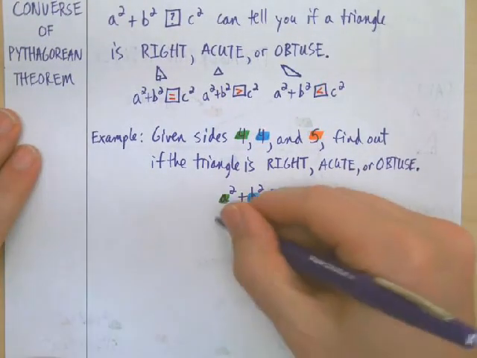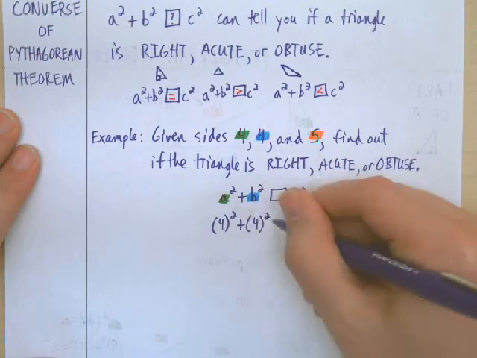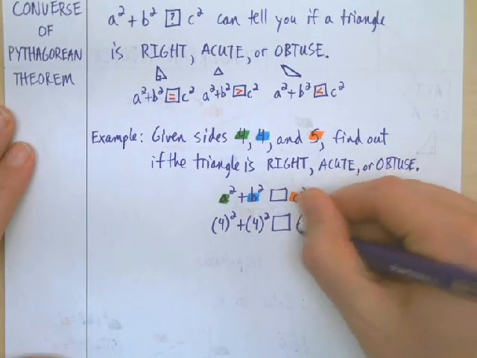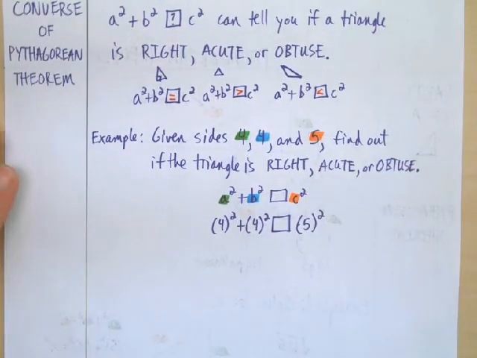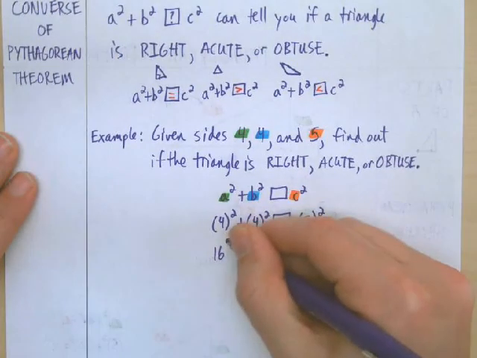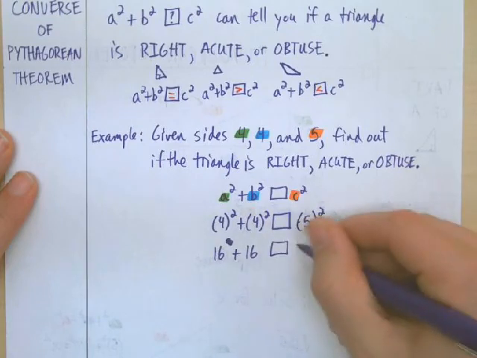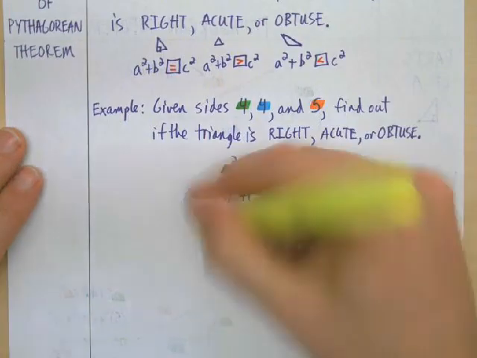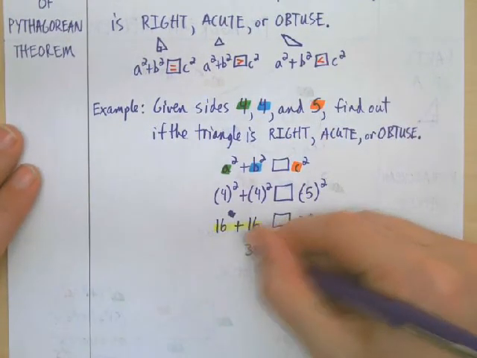Now I'm going to substitute. A is 4. B is 4. And C is 5. 4 squared is really 16. 5 squared is really 25. 16 plus 16 makes 32.